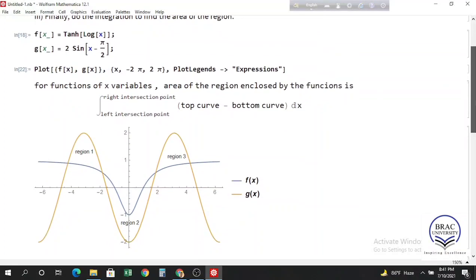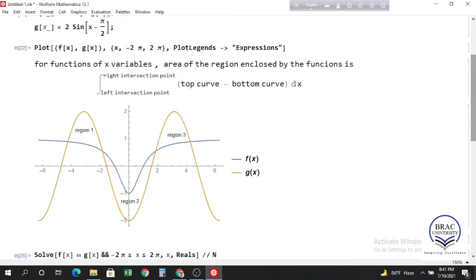And then we had to find the area of the region. Some of you did not understand what the region enclosed by the functions is, so let's understand our regions first. We have two functions, f of x and g of x.